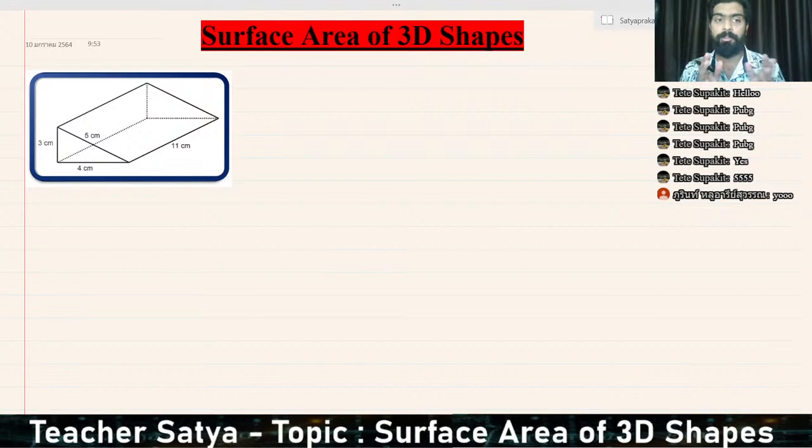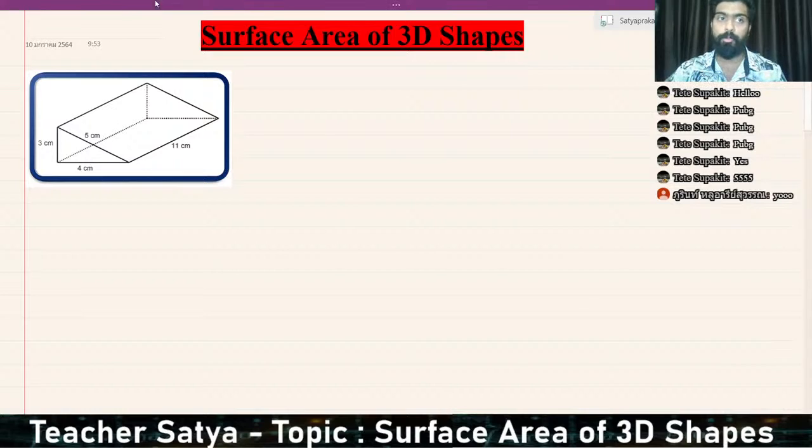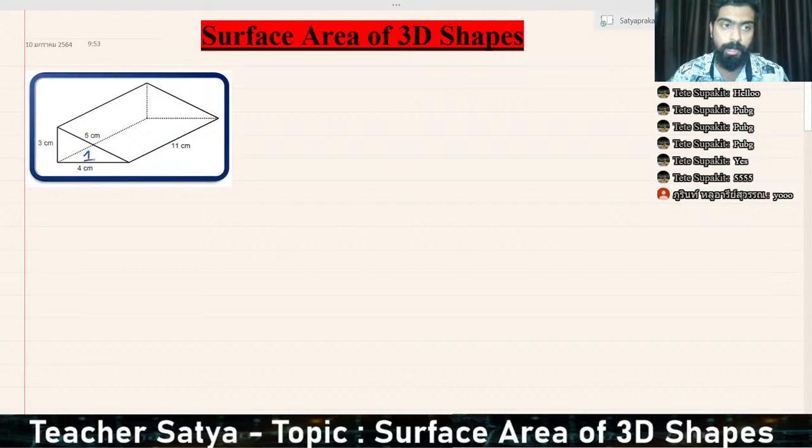So in this right triangular prism, we have totally 5 faces, right, guys? We have 2 triangles. Let me call them triangle 1 and triangle 2, the front triangle and the back triangle, and then we have 3 rectangular figures.